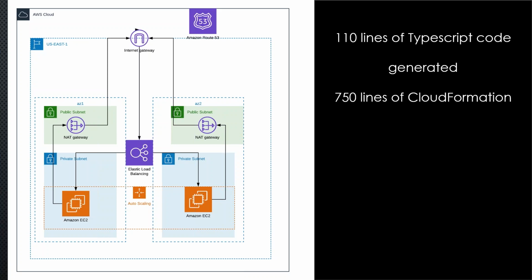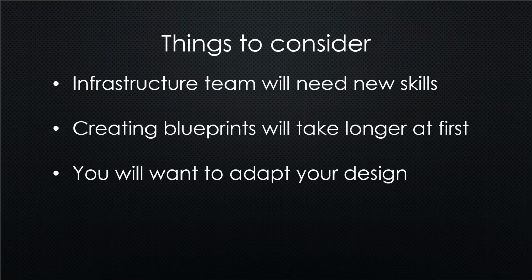All right, just to wrap up, and then I have some time for questions. When you're thinking about moving from your artisan infrastructure deployments to infrastructure as code, your infrastructure team probably does not have the skills to do it. They're probably not developers. I mean, if they were great developers, they would probably already be developers.